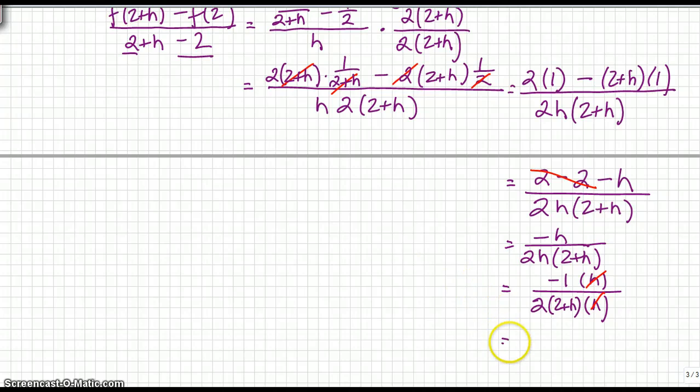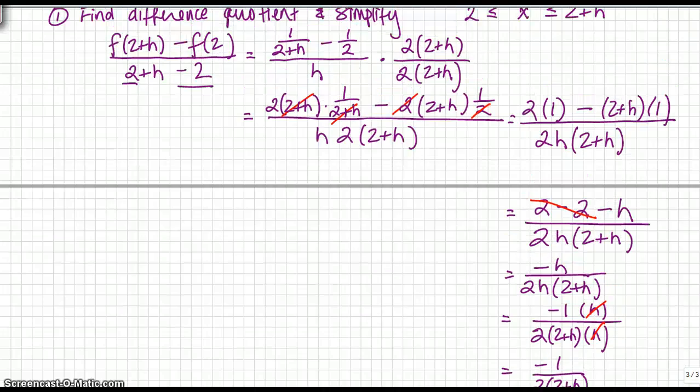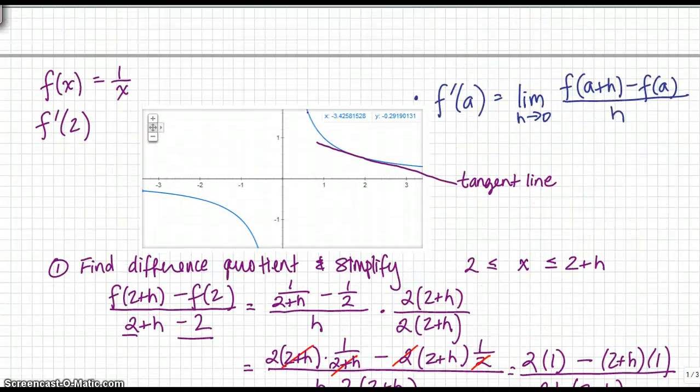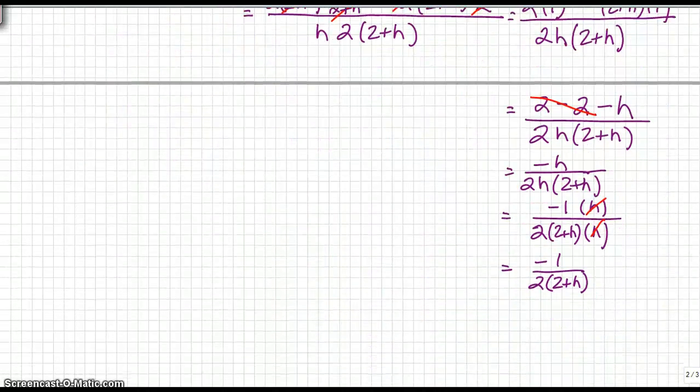And I end up with negative 1 over 2 times 2 plus h. So what was I doing? I was finding the difference quotient and simplifying it. But I have another step here, because remember, my goal is I want to find f prime of 2. So finding the difference quotient and simplifying was just the first step. Now I want to take the limit as h goes to 0.